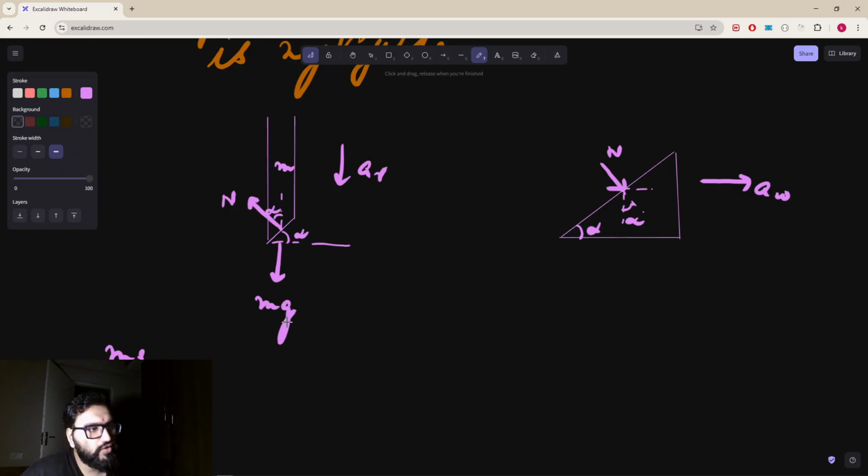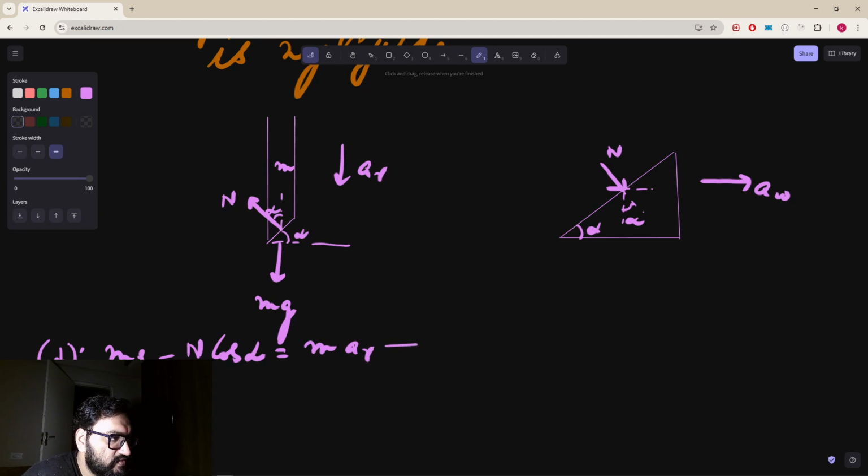I'm going to write down the force equation in the vertical direction, considering downwards as positive. mg in the downward direction minus N times cos alpha, because its direction is vertically upward, and I have considered downward as positive. This will be equal to m times the acceleration of the rod. This is going to be my first equation.